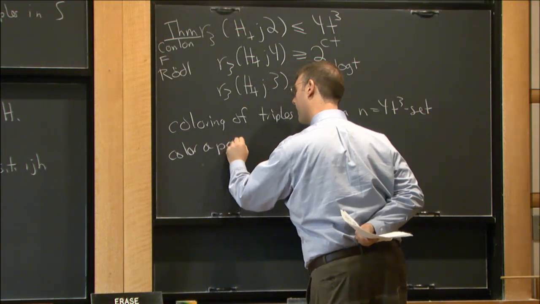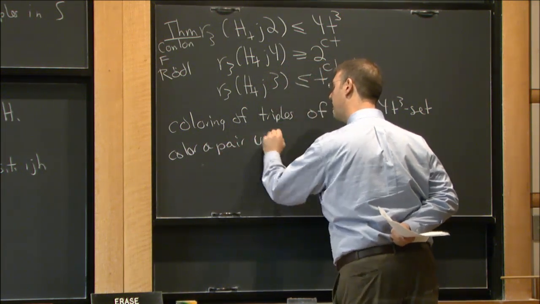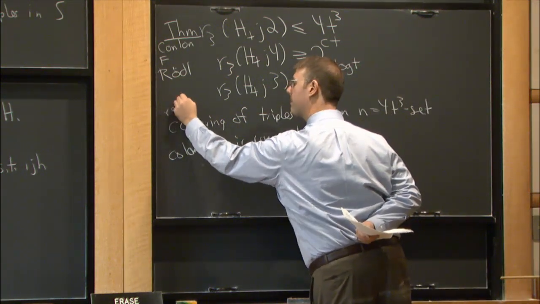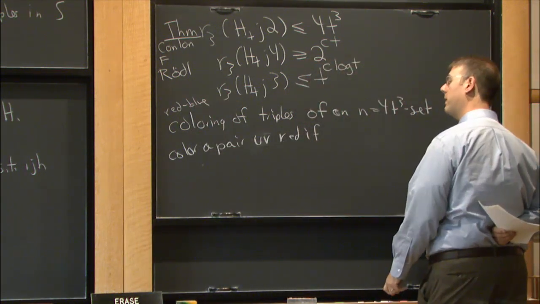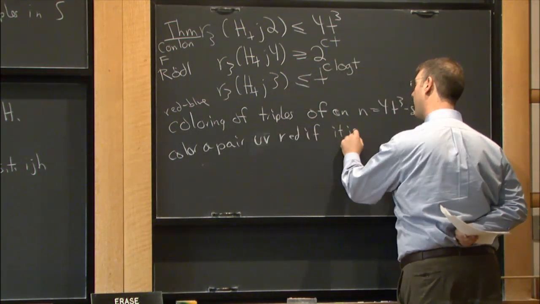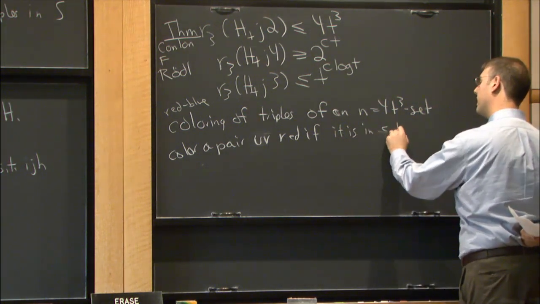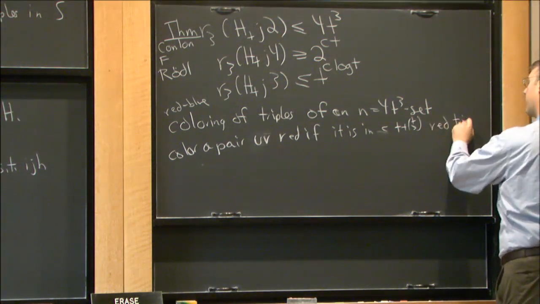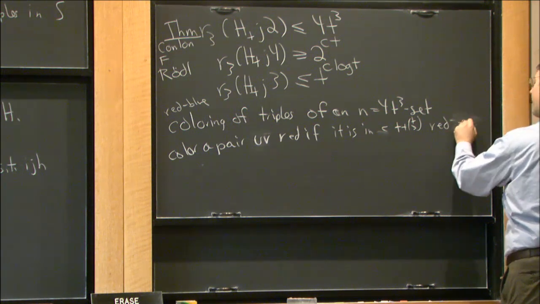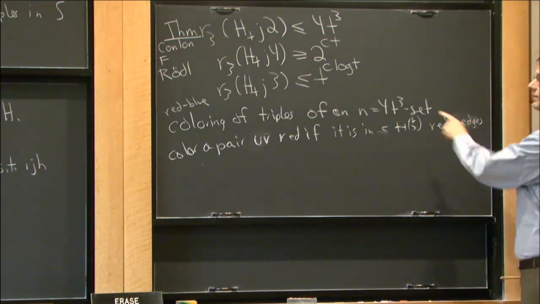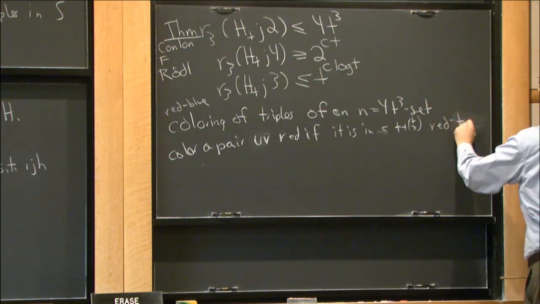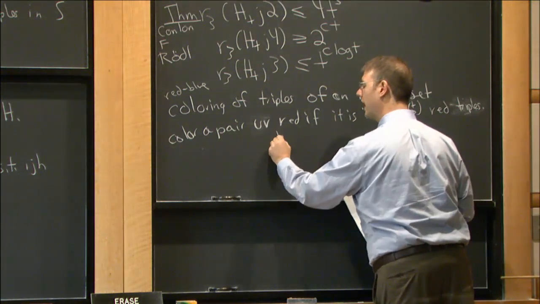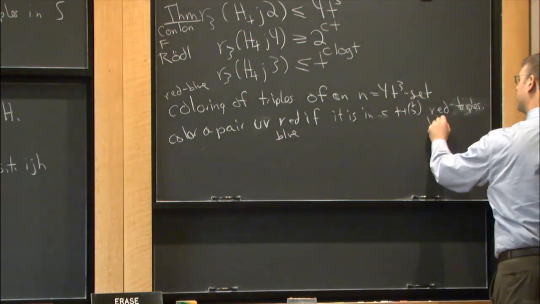We have a red-blue coloring, and we color a pair uv red if it is in less than t plus t choose 2 red triples, red edges in the hypergraph. I'll call it triples. And blue similarly. So now we have a coloring of some pairs.